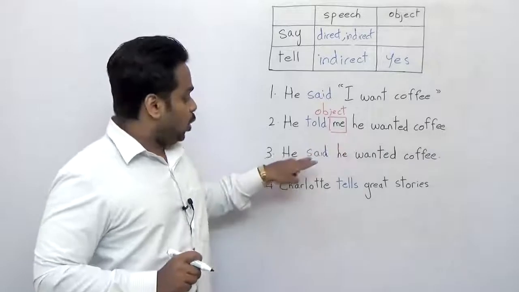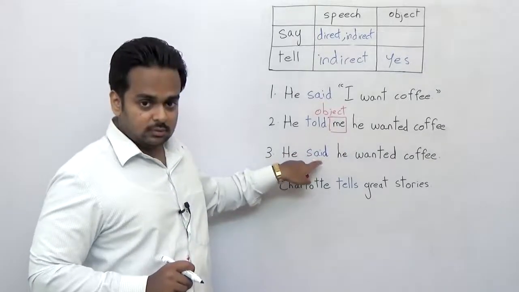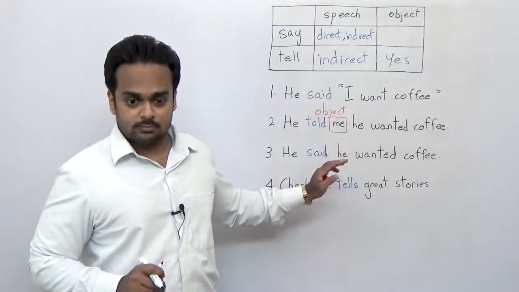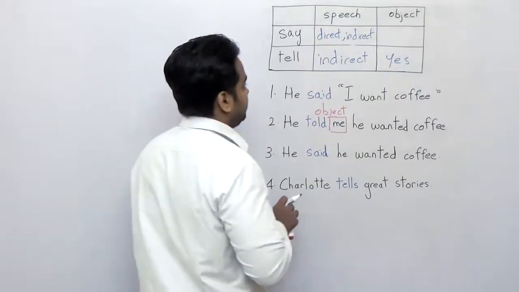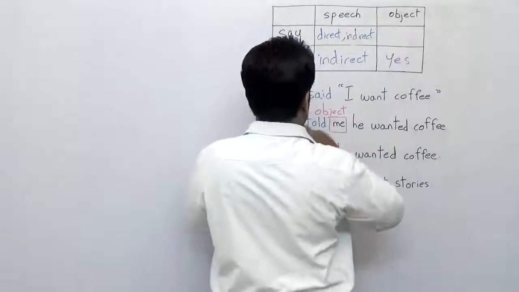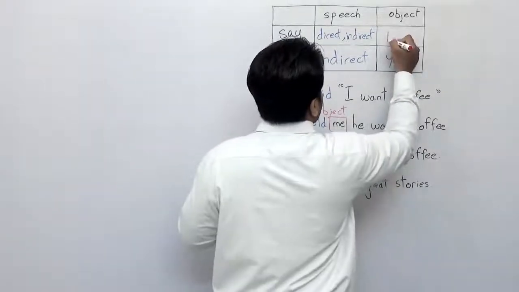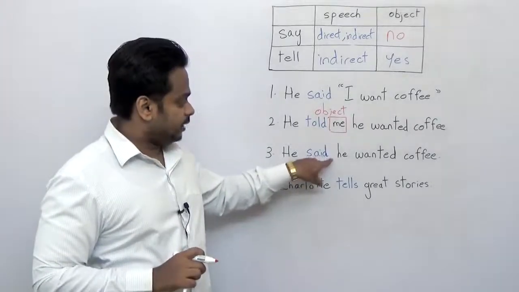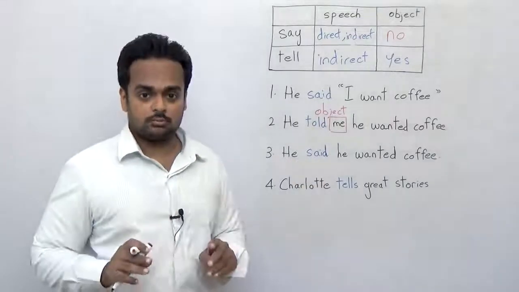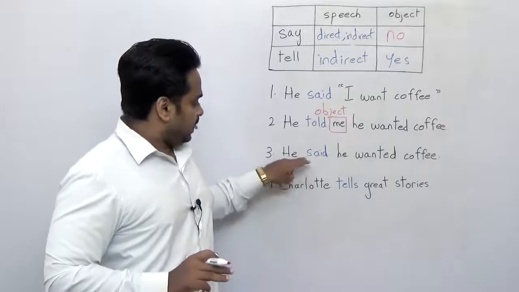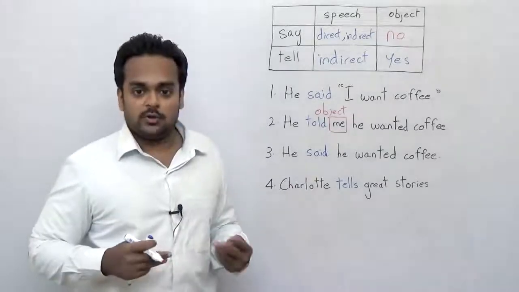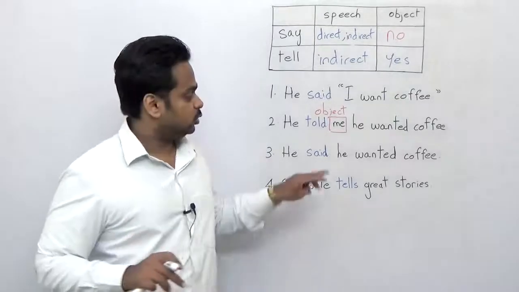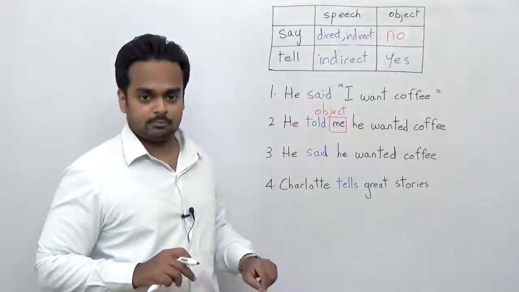But in the same way, say does not take an object. Okay, so with say, it's very important. No object. If you put an object here, that is wrong. Some people will say, he said me he wanted coffee. No, completely wrong. Don't say that. So it's say, no object.